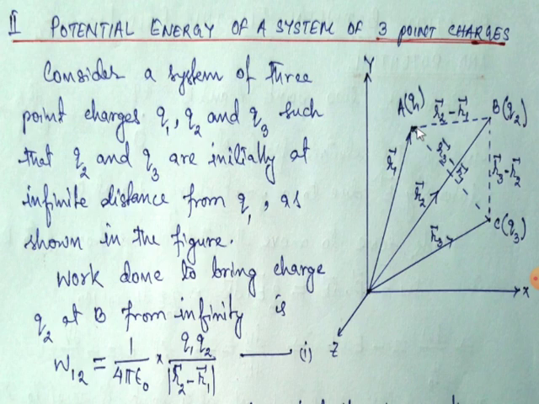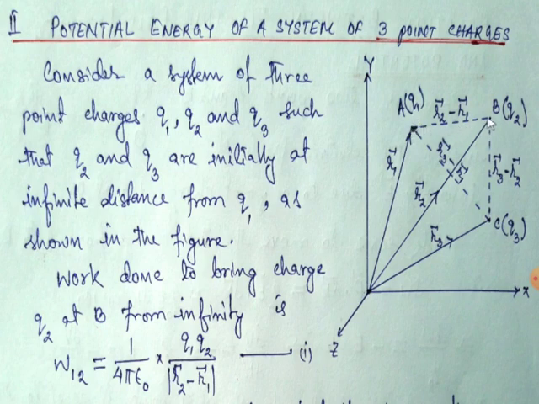Why? As I said in the previous two point charges, there is no external field, and as there is no external field, this q1 was not brought against any electric field, so no work done. Okay, so in bringing this q1 up to this position A, no work done.